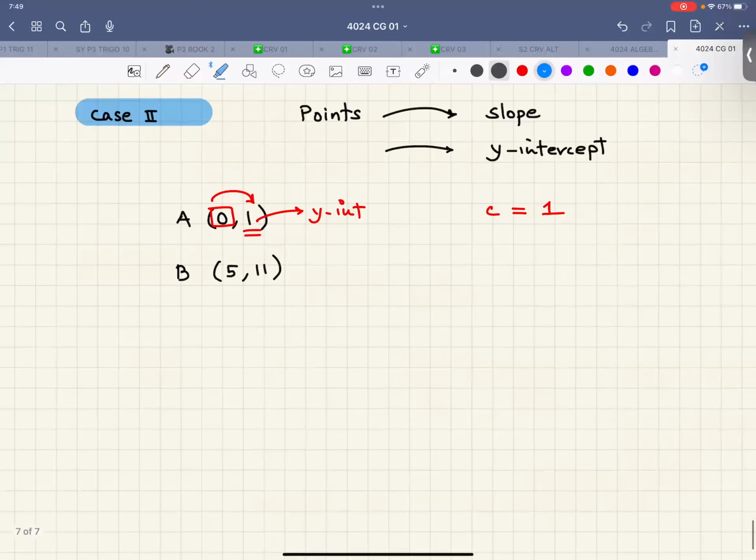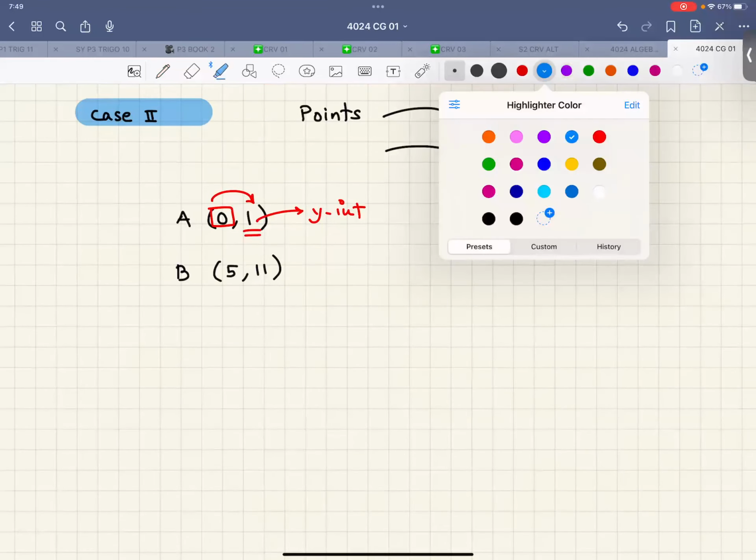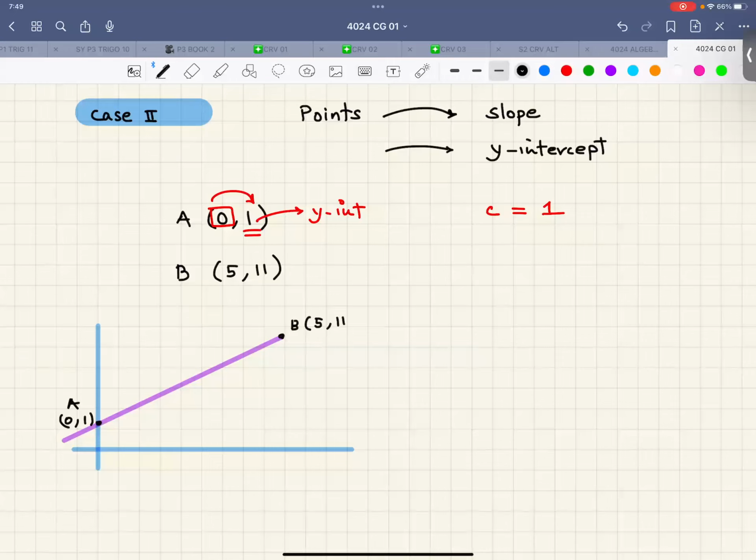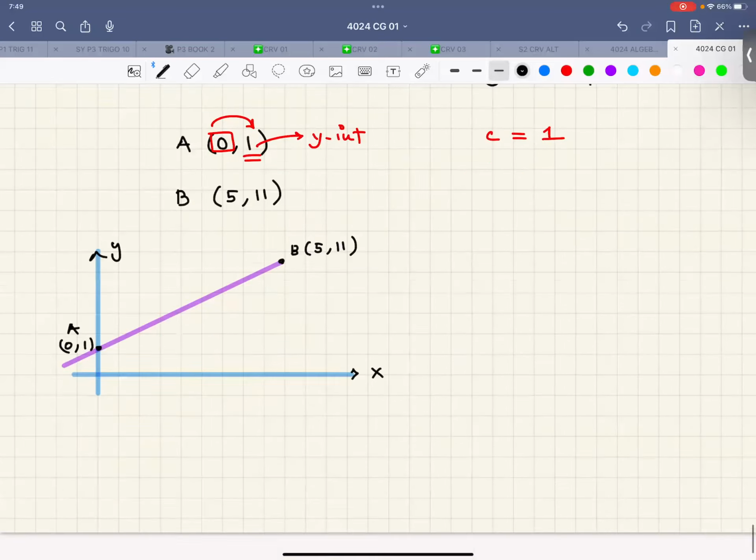Now, let me draw a small diagram to illustrate this idea. The line is coming like this, and this point is 0, 1. This is point A, and this point is B, which is 5, 11. This is the y-axis, this is the x-axis.